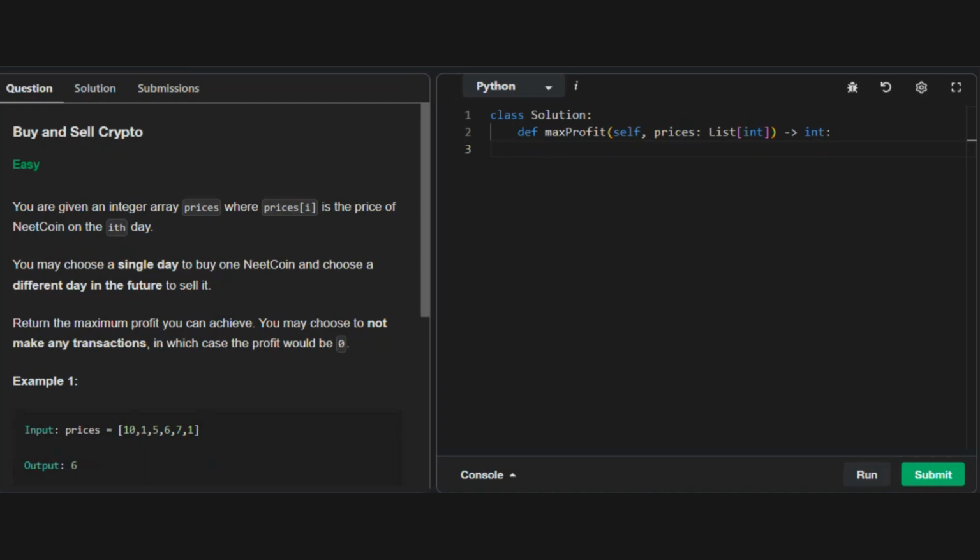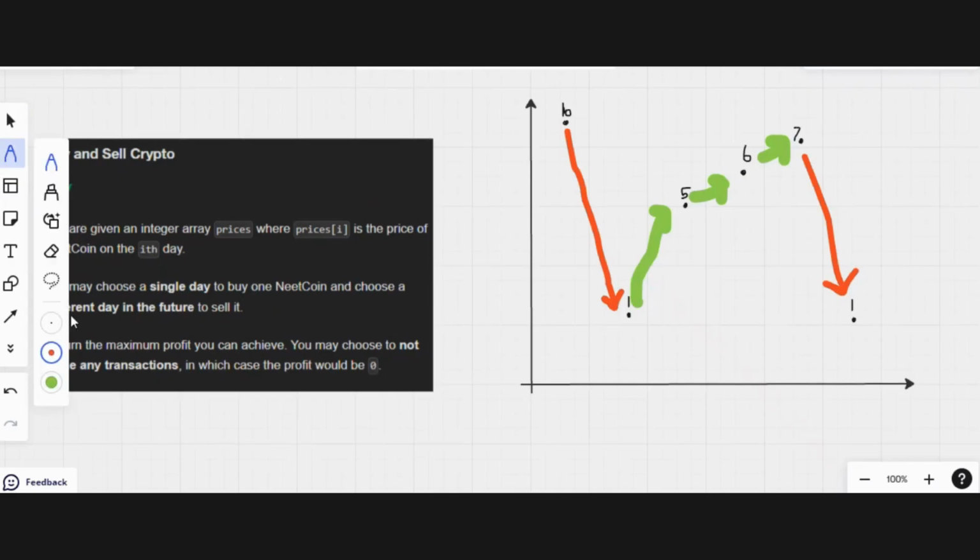In this problem, we're given an array of numbers called prices, where every element is the price of a particular currency on a particular day.